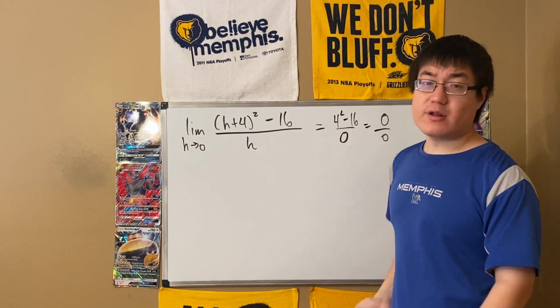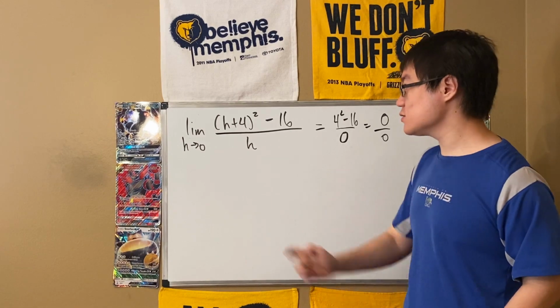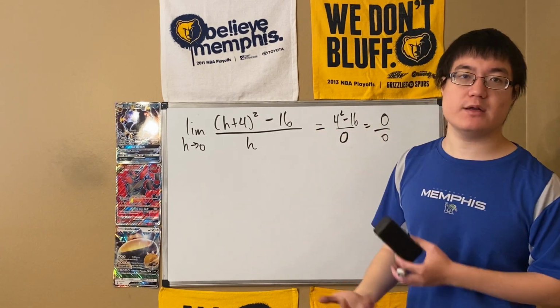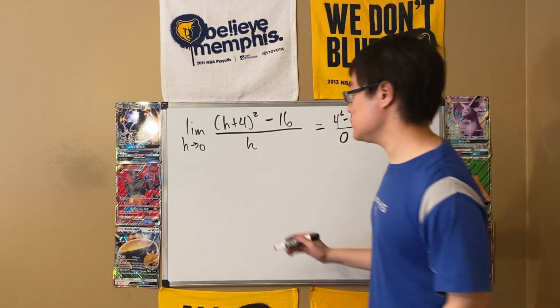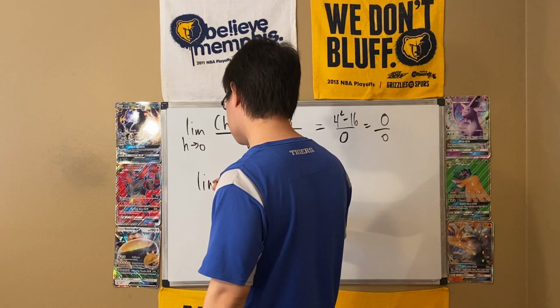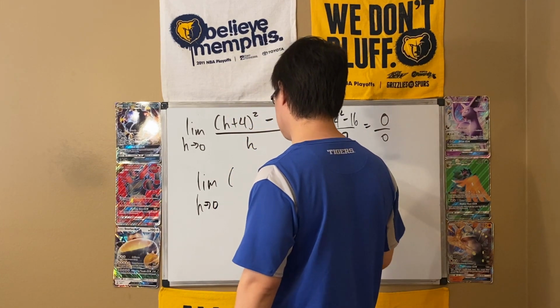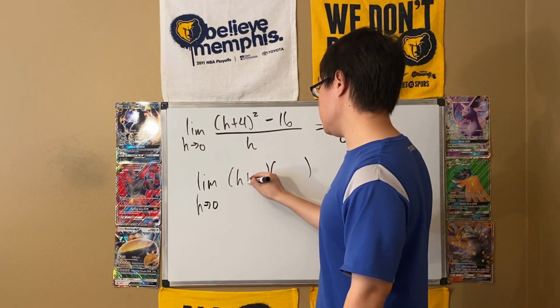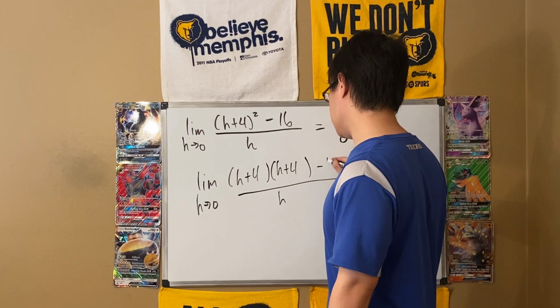So again, in the last question, there was something that looked factorable, so we factored it. Here, our heart tells us, well, there's this thing that can be expanded and FOILed out, so we might as well try to do that. And let's see what happens. So in this case, it'll be the limit as h goes to 0, and we're just going to try to FOIL this. So if you want, you can write this as h plus 4 squared over h, and then let's try to FOIL it.